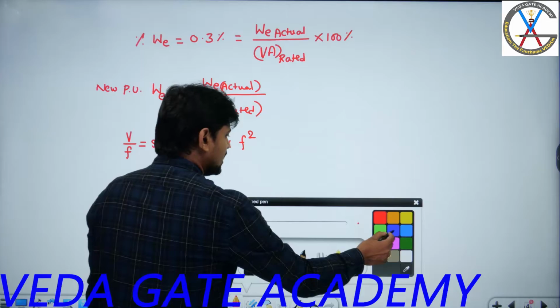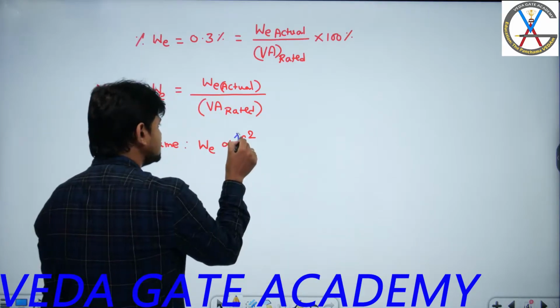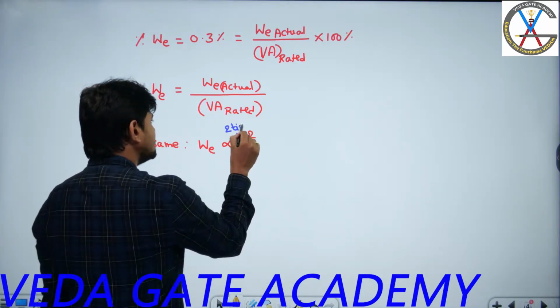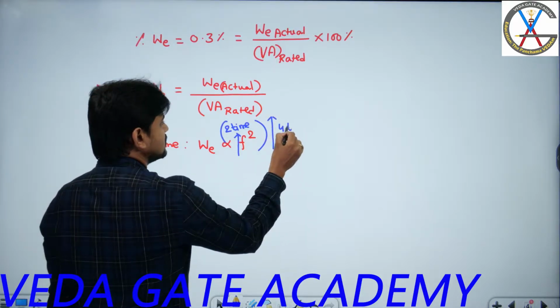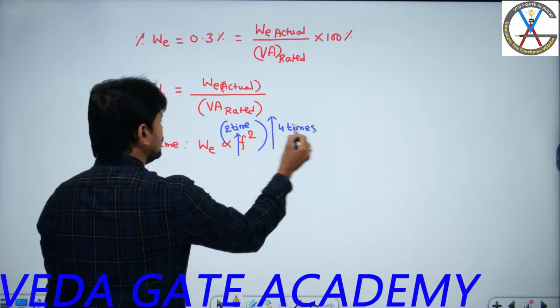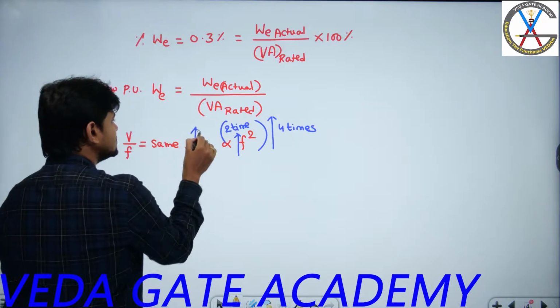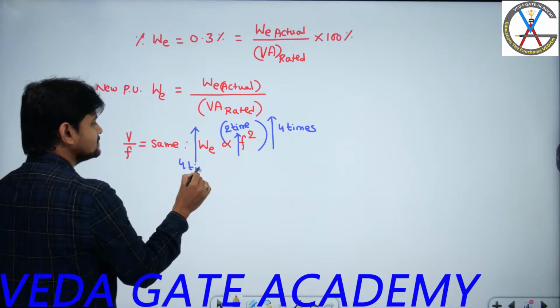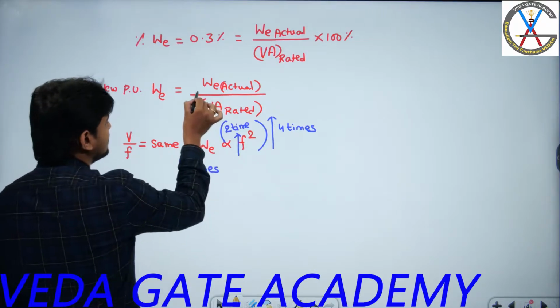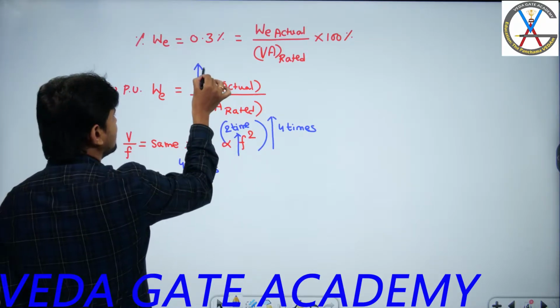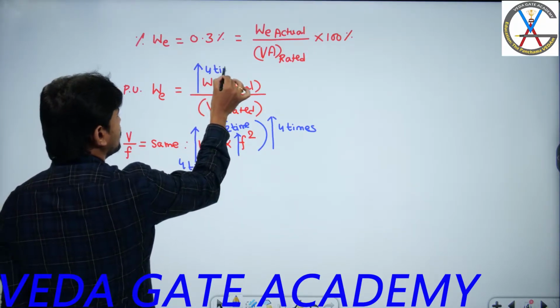So there is no need of writing the expressions also. As frequency is increased by 2 times, frequency square will increase by 4 times. So my new eddy current losses will increase by 4 times. Are you following what I am saying? So from this discussion, the new actual eddy current losses are increasing by 4 times.